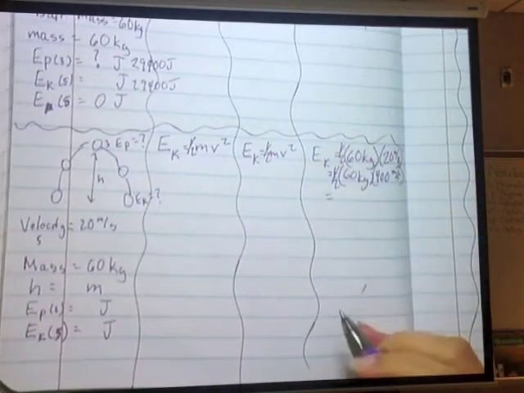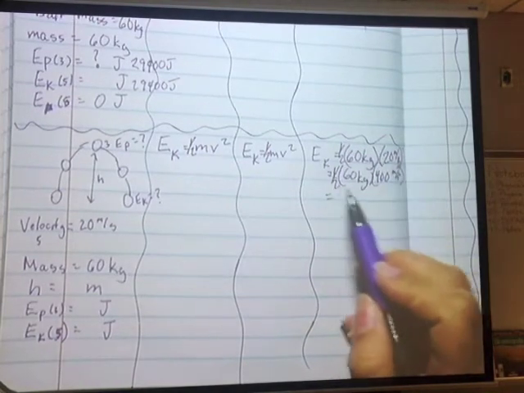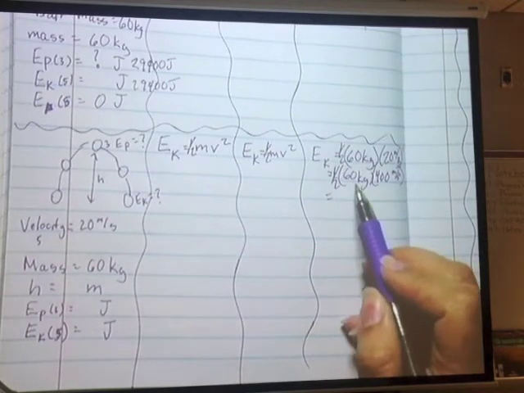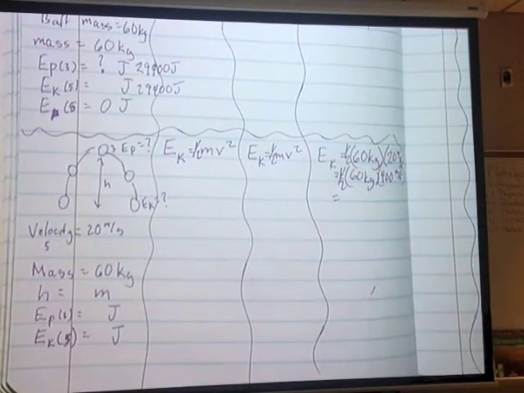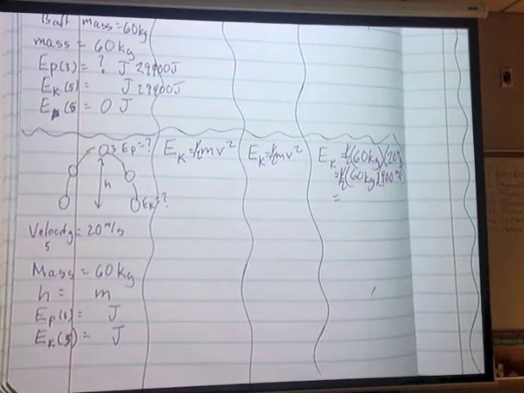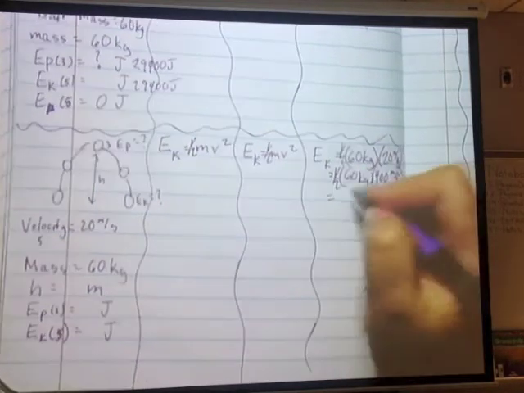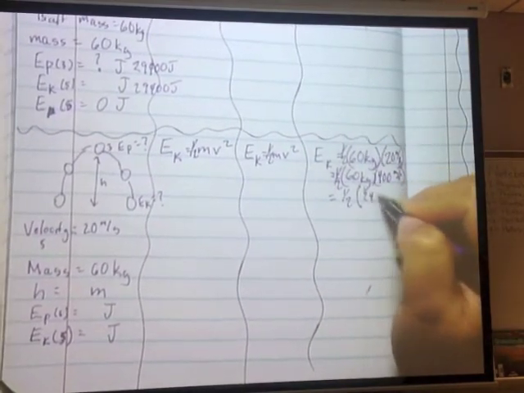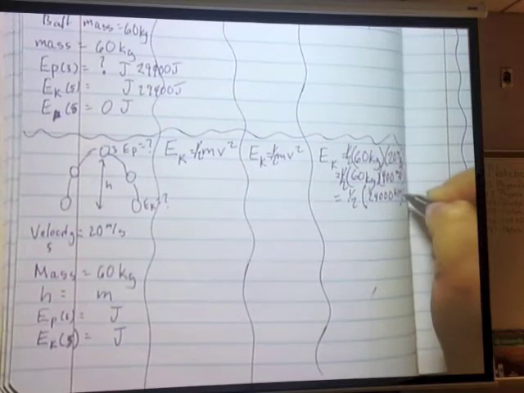So when you get to this point, you're going to have 1/2 times 60 kilograms times 20 meters per second, squared. When you square 20 meters per second, you get 1/2 times 60 times 400 meters squared per second squared. When you do that, you go 400 times 60, if you put it in your calculator. You will see that it's 24,000 kilograms meters squared per second squared.